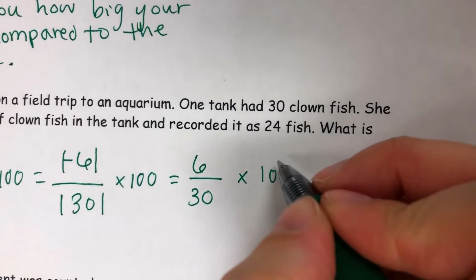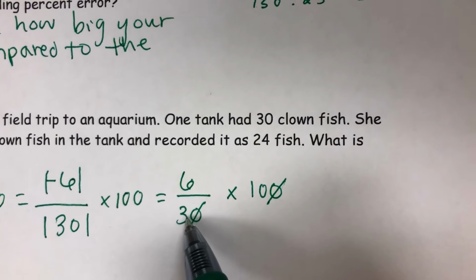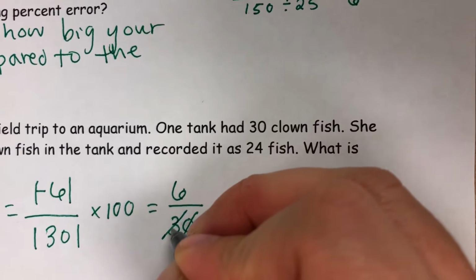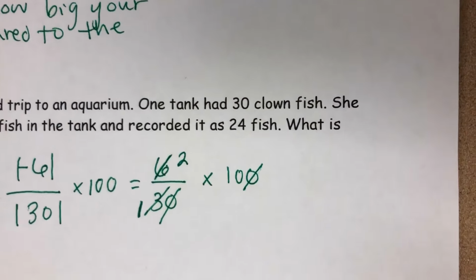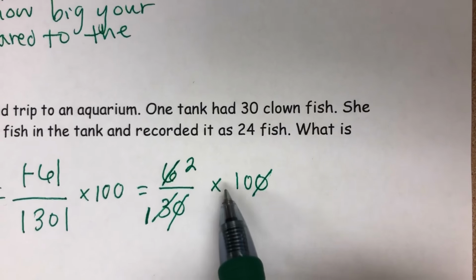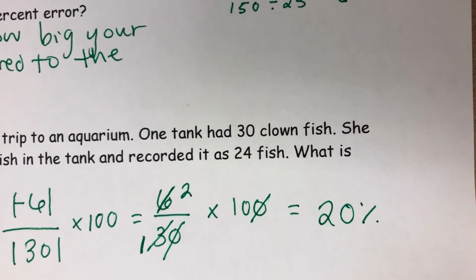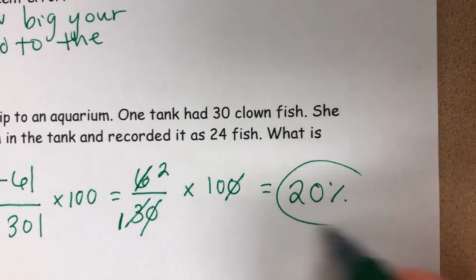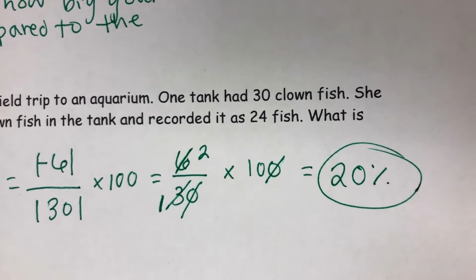Okay, I'm going to cancel out one of the zeros. Well, I can divide both 6 and 3 by 3. So this becomes a 1, and this becomes a 2. So I'm left with 2 times 10 is 20%. So what is Kayla's percent error? 20%. It's a pretty big percent error.